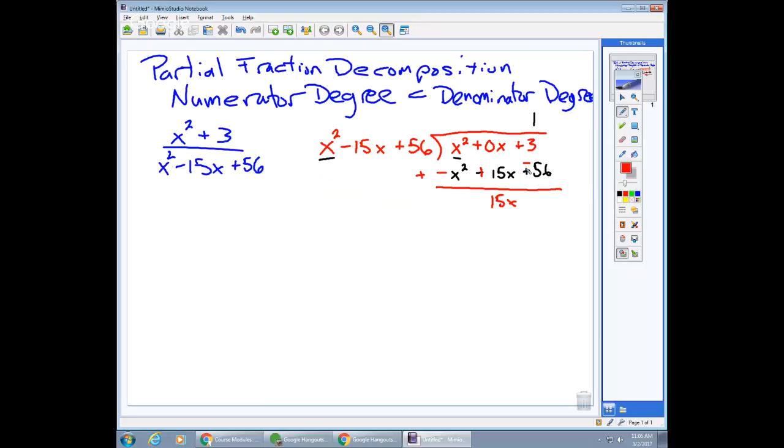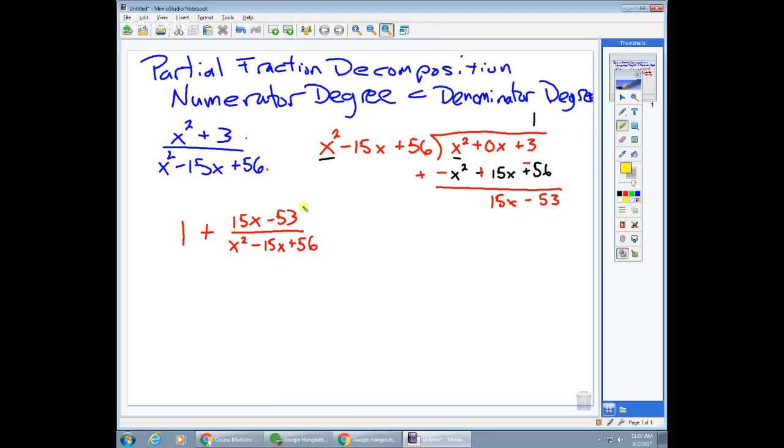And 3 minus 56 is negative 53. So what I've discovered is that this denominator goes into that numerator once, and there is a remainder of 15x minus 53 over my original denominator, x squared minus 15x plus 56.